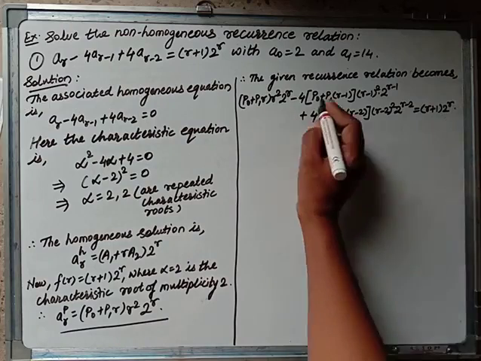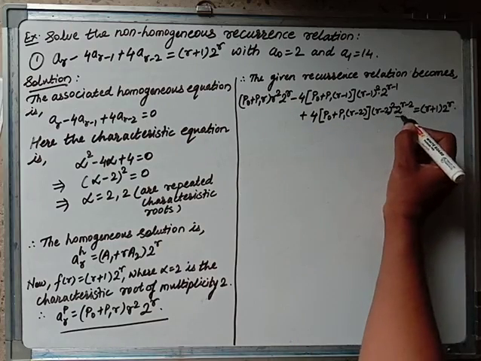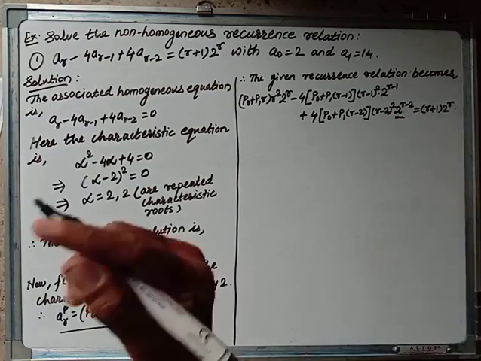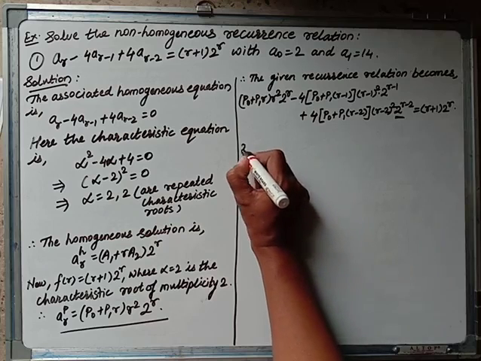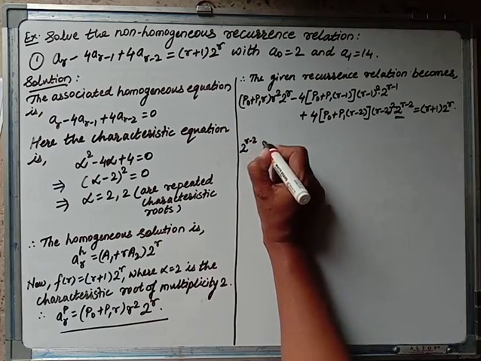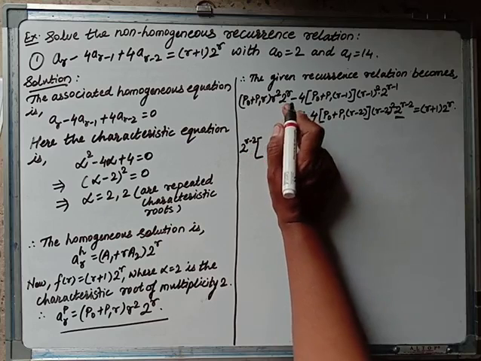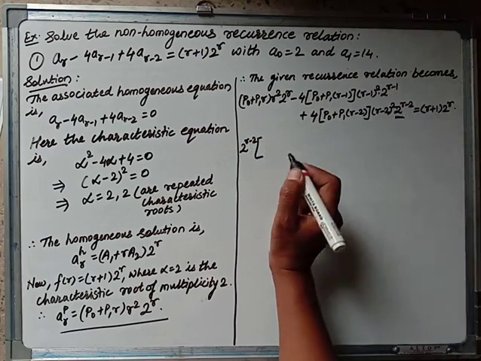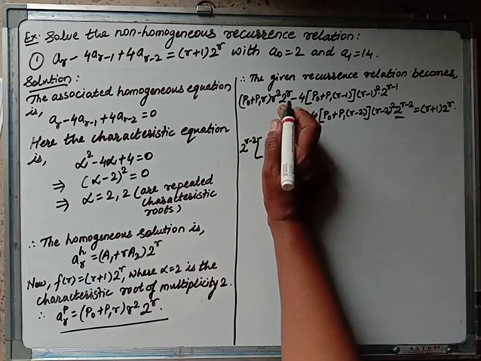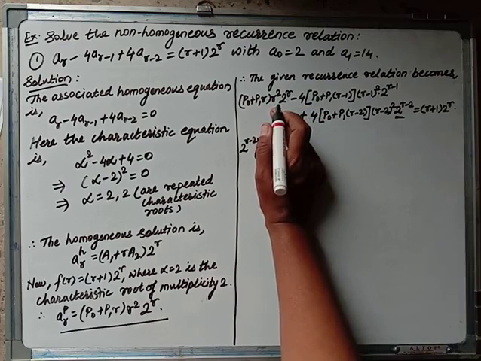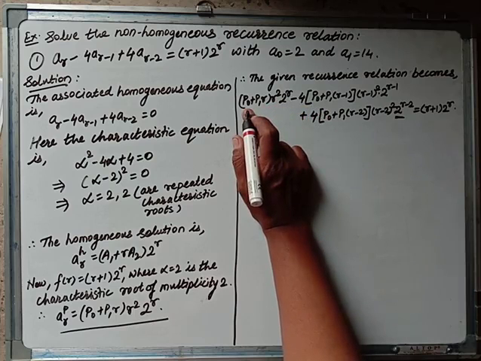Fine. So now let us simplify it. Here we can take 2 raised to r minus 2 common. So let me take 2 raised to r minus 2 common. What is left here? Here 2 squared will be left, here 2 will be left, here 1 will be left. So 2 squared into r squared, that will be 4 r squared, multiplied by this one.